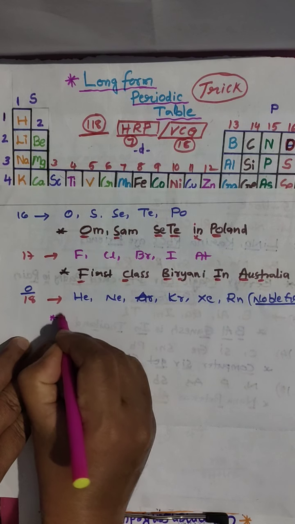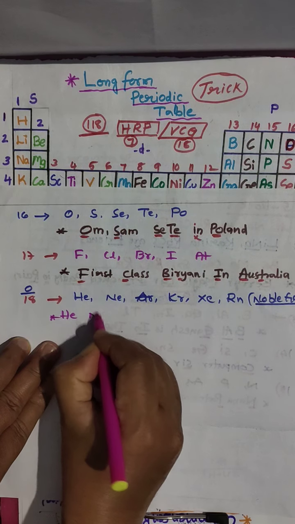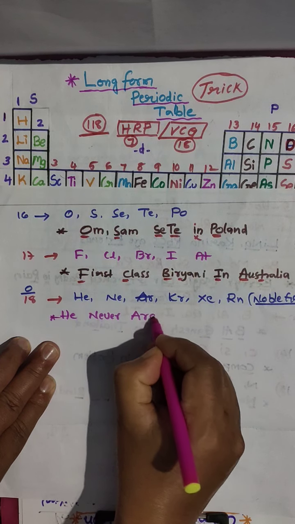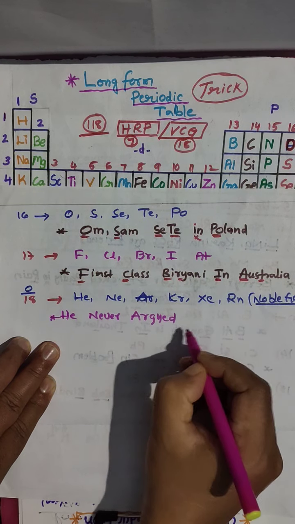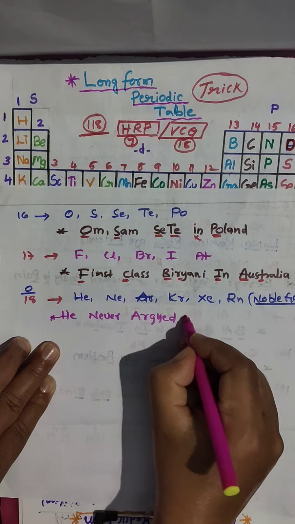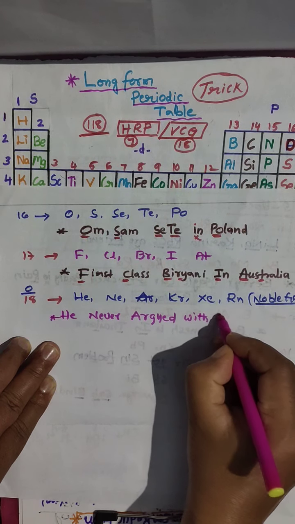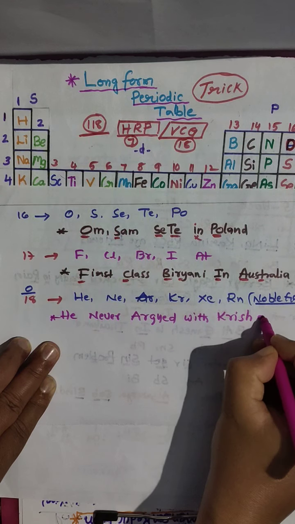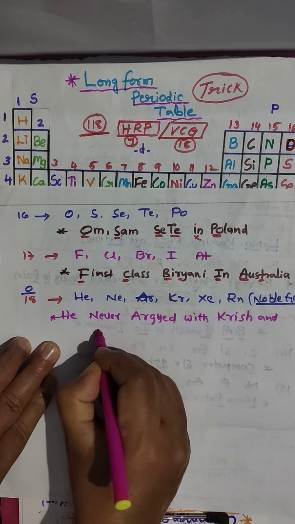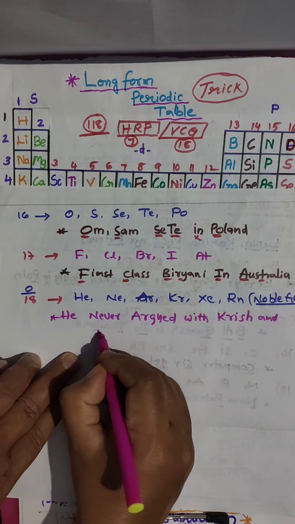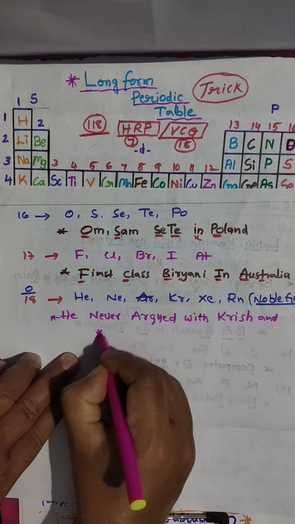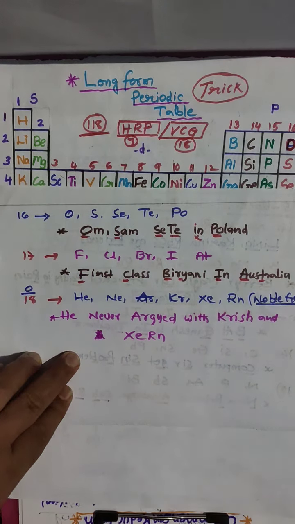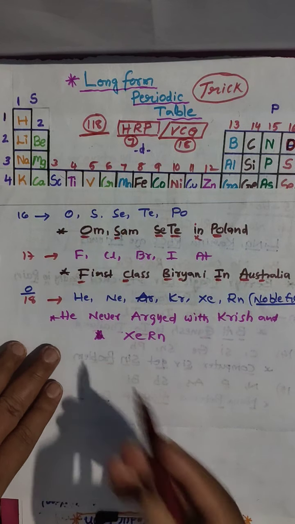He never argued with Krish and Zeran. Clear? See here.